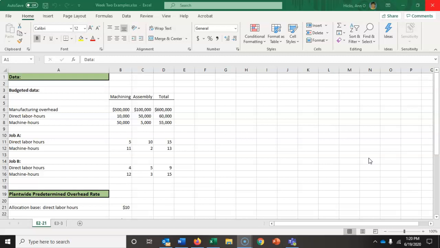That was appropriate in a situation where we believe that all of our overhead costs are incurred based on a similar allocation base.